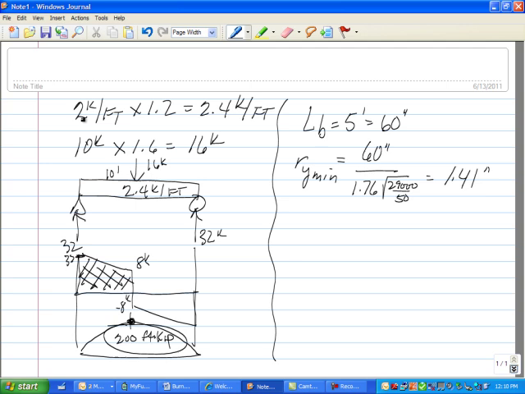And again, you can look in the property tables in the appendix, but almost all the W12s have an Ry value above 1.41. So there's a very, very good possibility this is going to be a beam controlled by plastic moment capacity.